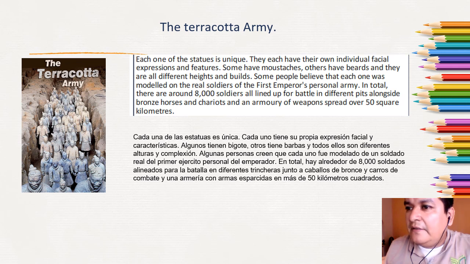In total, there are around 8,000 soldiers, all lined up for battle in different pits alongside bronze horses and chariots, and an armory of weapons spread over 50 square kilometers.